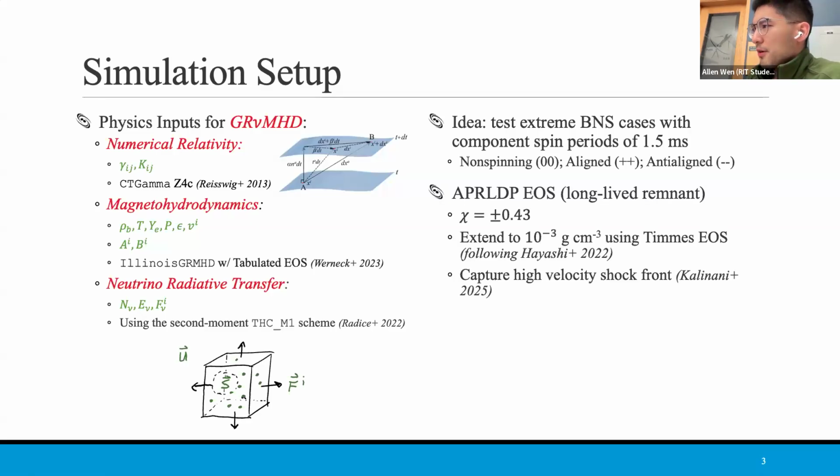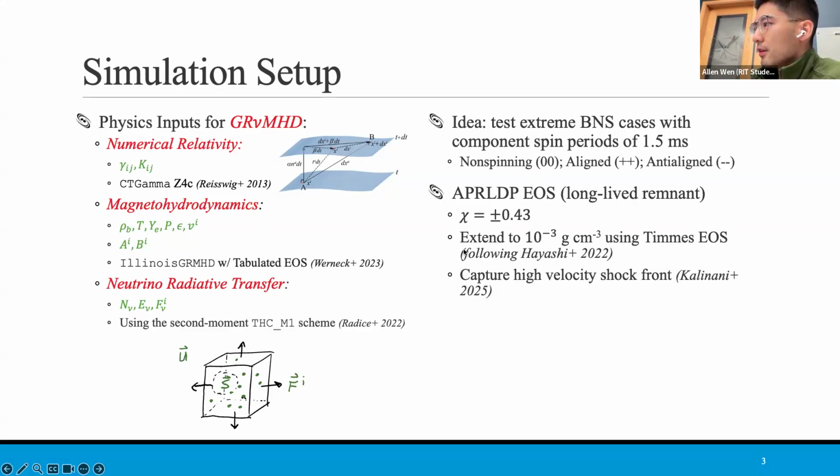We'll use the APR-LDP tabulated equation of state, since we know this results in a long-lived remnant, and that's the case we want to simulate. Setting the equation of state and the spin period gives us a dimensionless spin of about plus or minus 0.43.